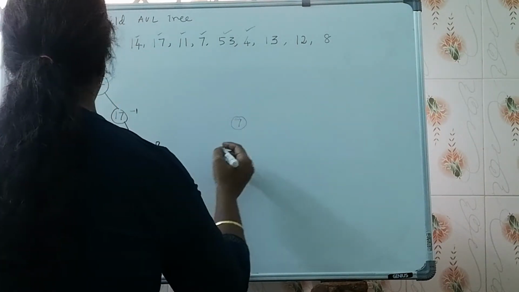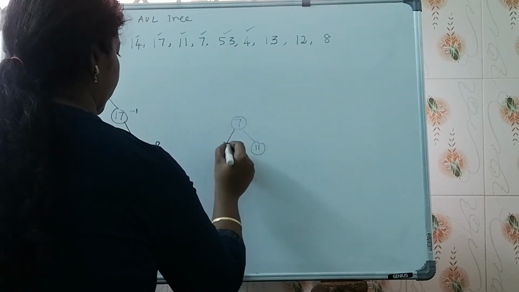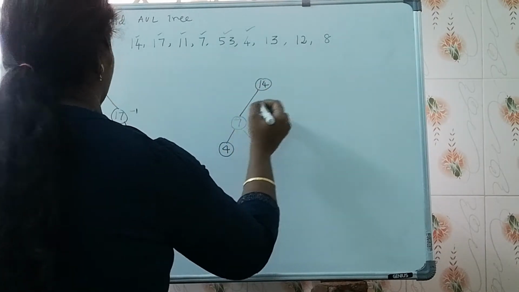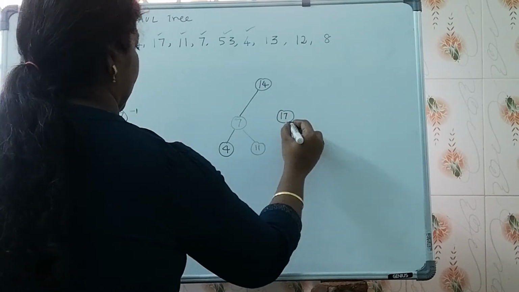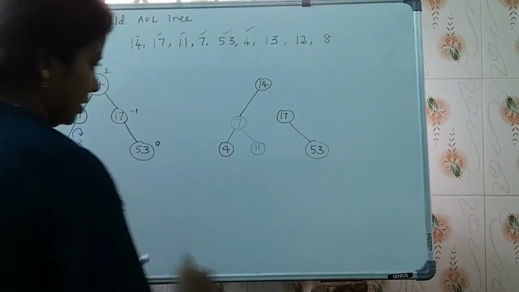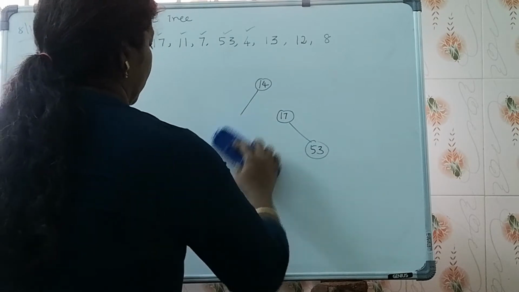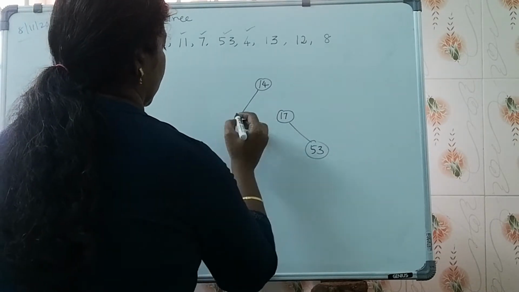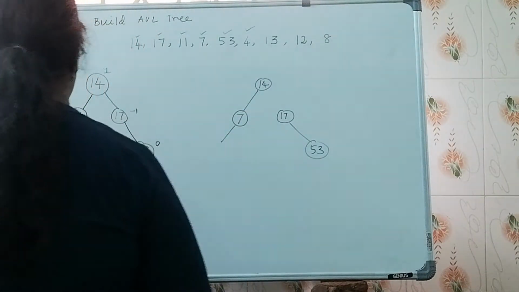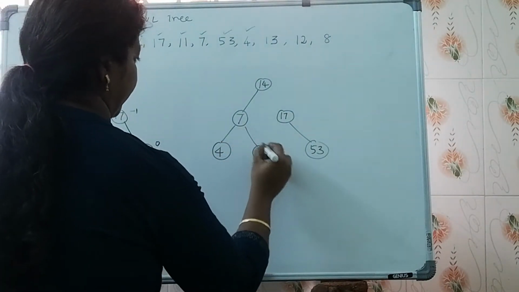7 will go here, 11 will come here, and then 4 will go here, and then 14, and then 17, and then 53. So now this is the right tree. Let me draw 7, 4, 11 neatly. So here this is node 7, and then this is 4, and then this is 11.